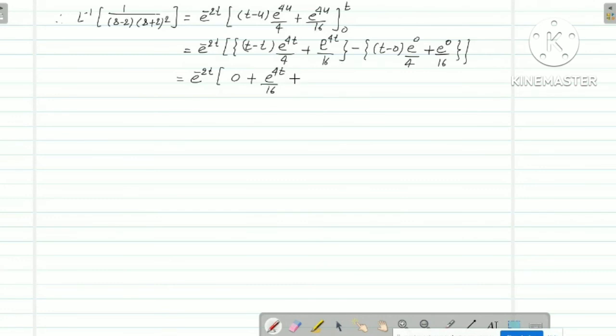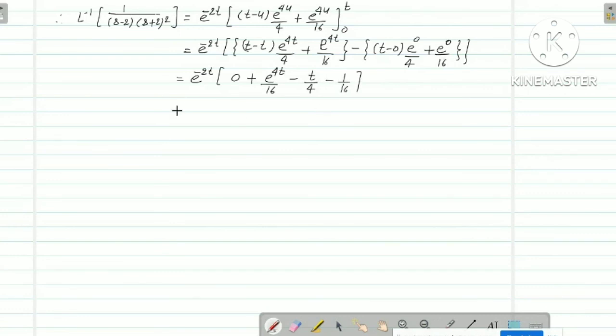And minus here, e raised to 0 is 1, so this becomes 1 by 4, or here t, so negative of t by 4. This is minus and multiplied inside the bracket, so here will be minus, e raised to 0 is 1, so this becomes minus 1 by 16.